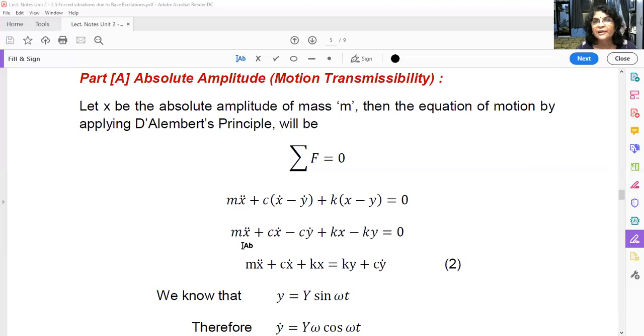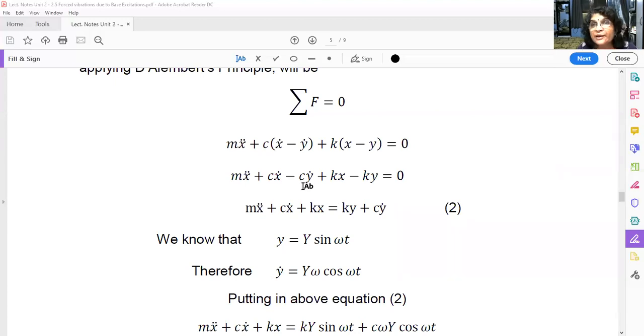Open this bracket: m x double dot plus c x dot minus c y dot plus k x minus k y is equal to 0. The terms of y, you take on the right-hand side. So m x double dot plus c x dot plus k x is equal to k y plus c y dot. This is the equation of motion.